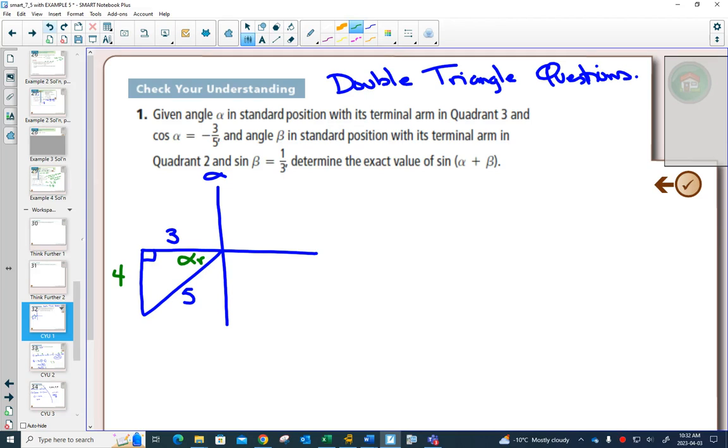We already know, we'll write it off to the side, that cos of alpha is -3/5, but now we would be able to say that sine of alpha is -4/5. 4/5 from the triangle, and the negative because it's in quadrant 3, so according to our CAST rule, sine would have to be negative.